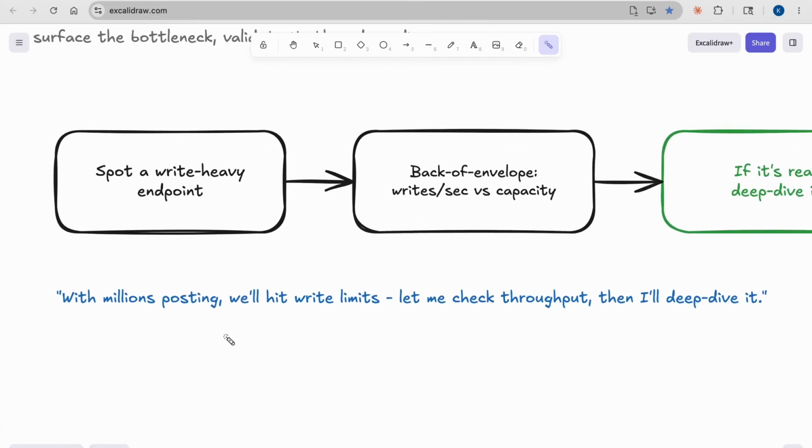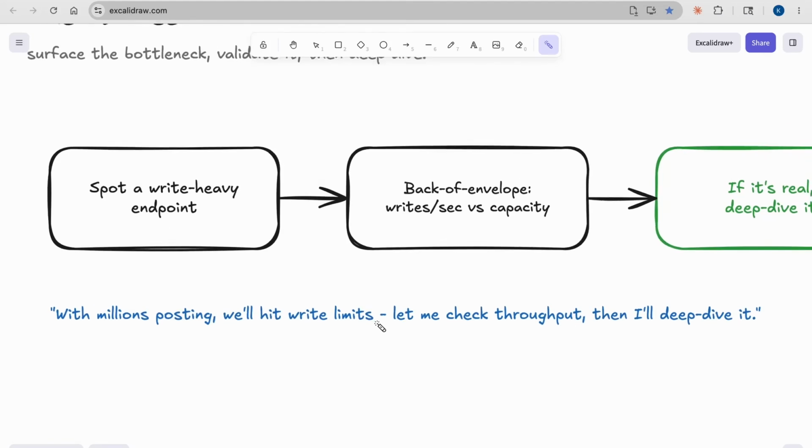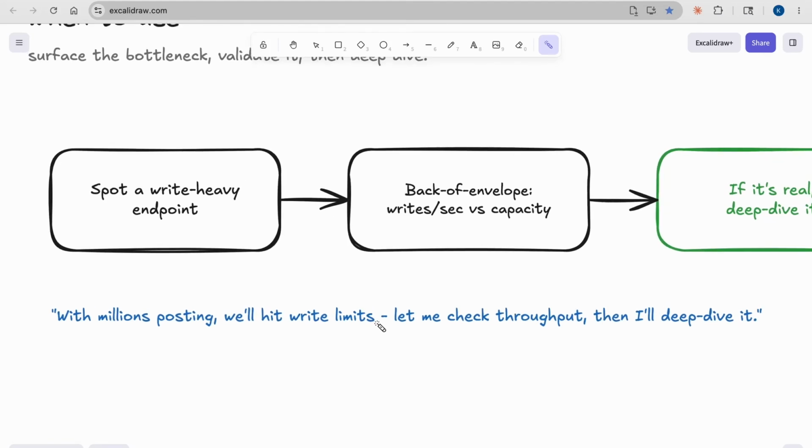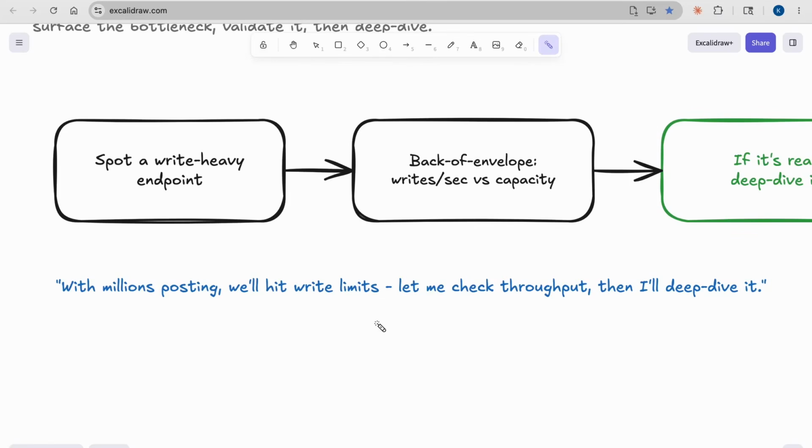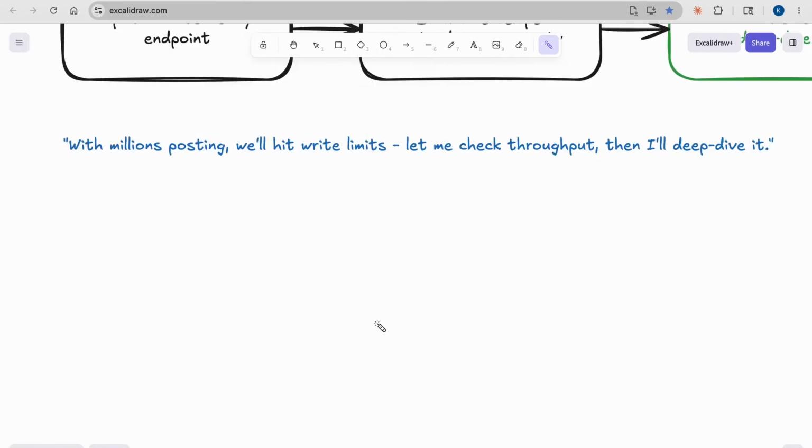For example, with millions of users posting, we will definitely hit write limits, and then you need to check the throughput, and if that is the case, we deep dive into whichever approach makes sense for that specific system. That falls into this scaling writes pattern.